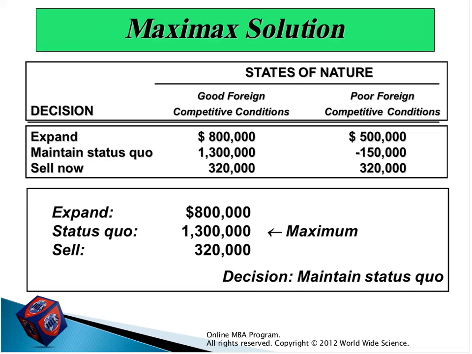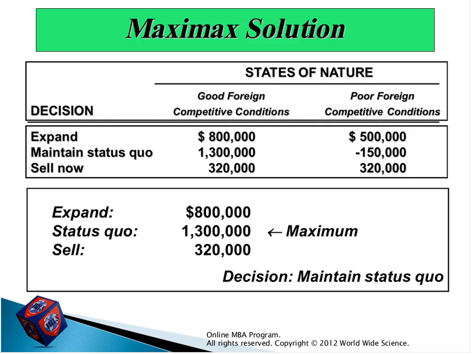Maximax means the maximum of maximums. I told you at first, for each decision, you should determine the maximum number between states of nature. For expand, between 800,000 and 500,000 that you estimated, which number is maximum? 800,000 was maximum.